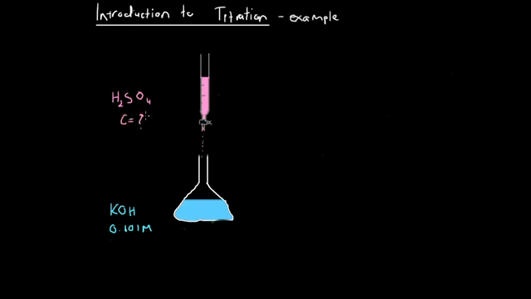Down here in the conical flask, we've got potassium hydroxide with a concentration of 0.101 moles per litre. We know that this is called the aliquot. So we've got an aliquot of potassium hydroxide, and our titer is going to contain sulfuric acid.